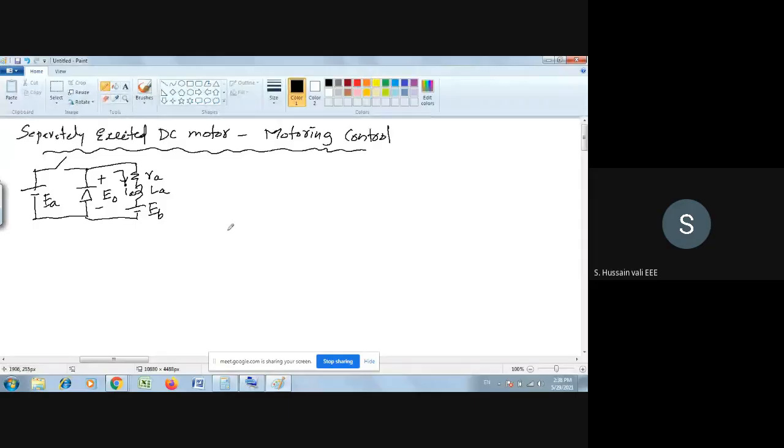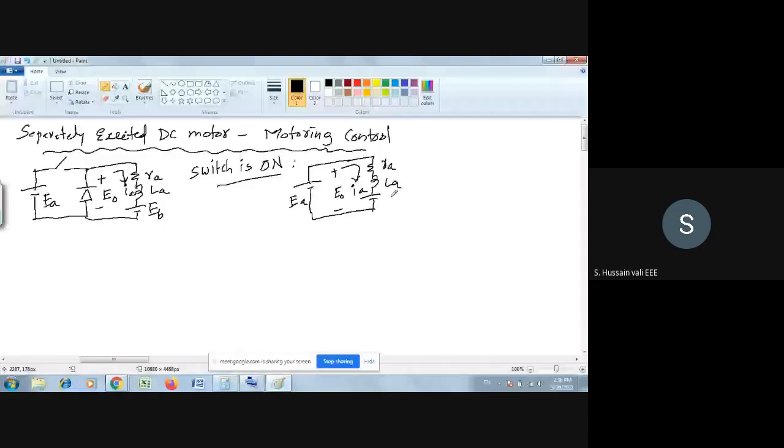So what we do here is the same thing: we close the switch, that is, the switch is on. If the switch is on, I hope you remember the equivalent circuit of the chopper. The switch is closed and the diode becomes reverse biased. This is IA, where the voltage here is E naught and the voltage here is EA, RA, LA, EB.